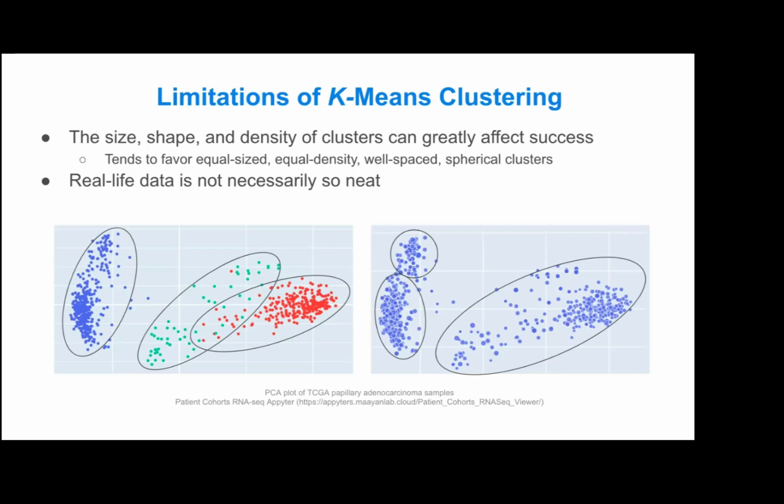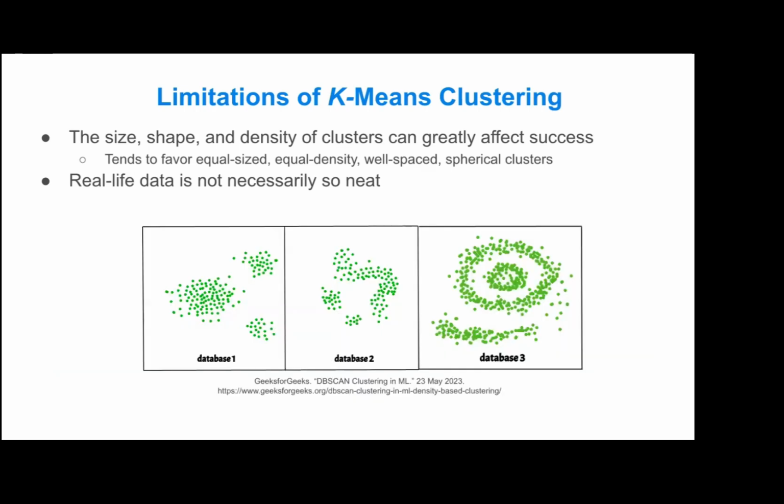Also, even when you do have a certain number of k, for instance, here we have these 3 clusters on the left that we got with k-means clustering, we don't actually know if maybe the true clusters look more like the image on the right. But k-means clustering is looking for more equal size clusters. So if the clusters are all very different sizes or they're very differently spread out, then it has a hard time detecting those patterns.